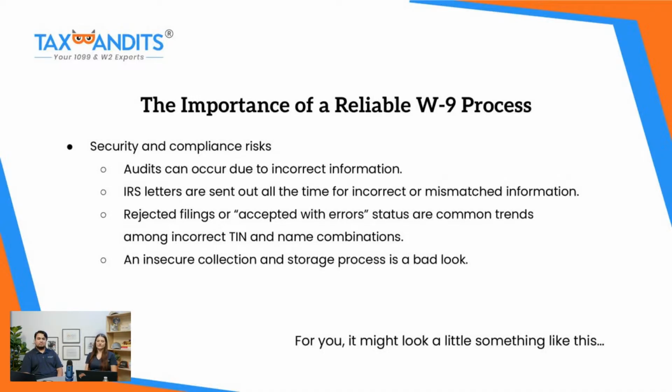If you have incorrect information, that can also lead to issues with filings, like rejected filings, getting an accepted with error status. Those are just pretty common trends with things like incorrect TINs or names. And just having an insecure collection and storage process, again, the professionalism, people won't really want to trust you to carry everything if you're just kind of scattered and all over the place.